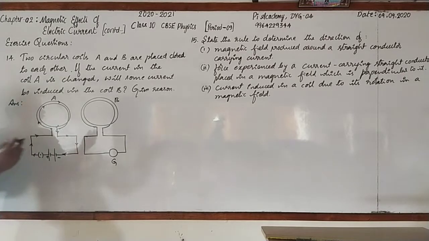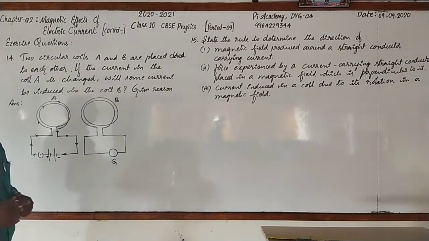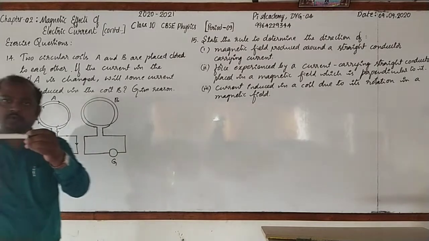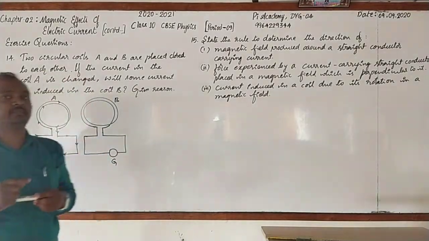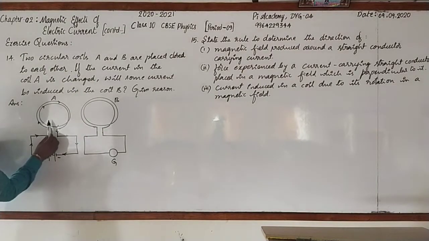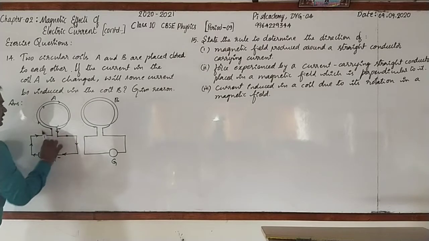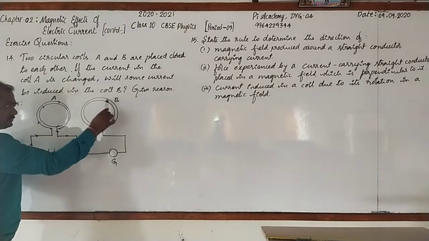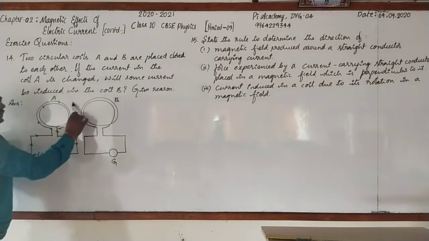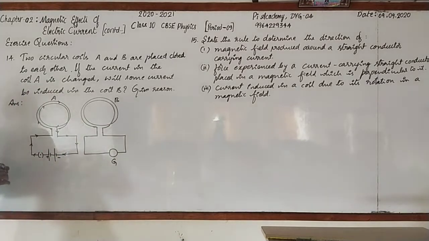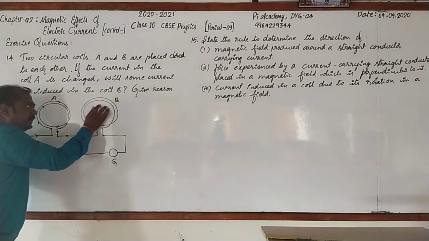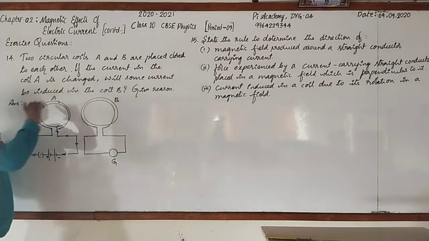Then according to the magnetic effects of electric current, whenever the current flows through a conductor, a magnetic field is developed around it. Right? So here the magnetic field is present. As the coil B is placed close to A, the magnetic field will also be here.